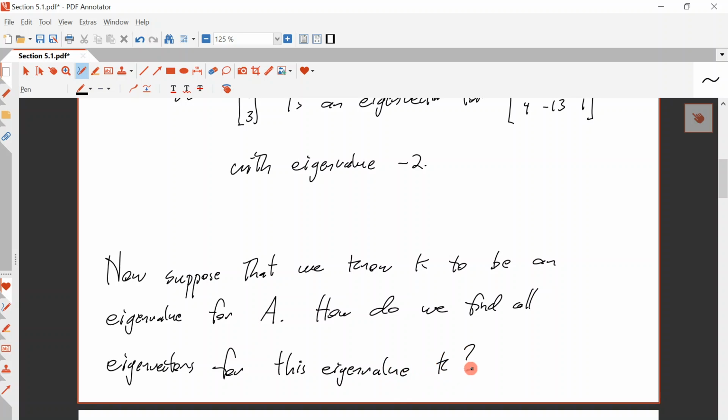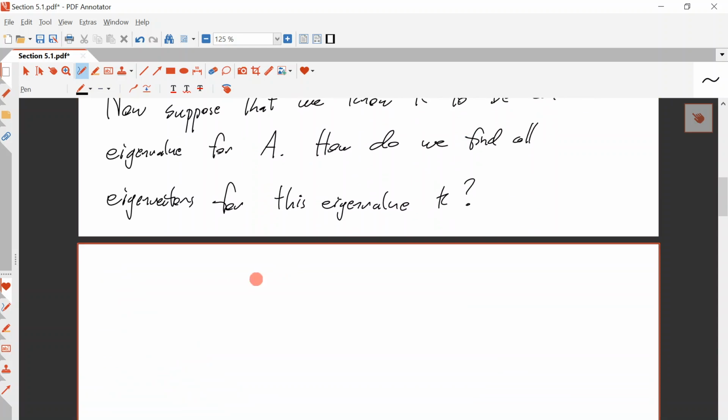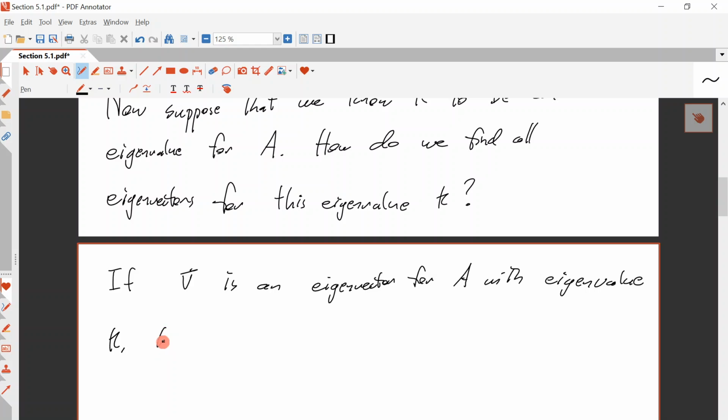Okay. Right, well, let v be an eigenvector of A with eigenvalue k, then A times v is equal to, by definition, k times v.